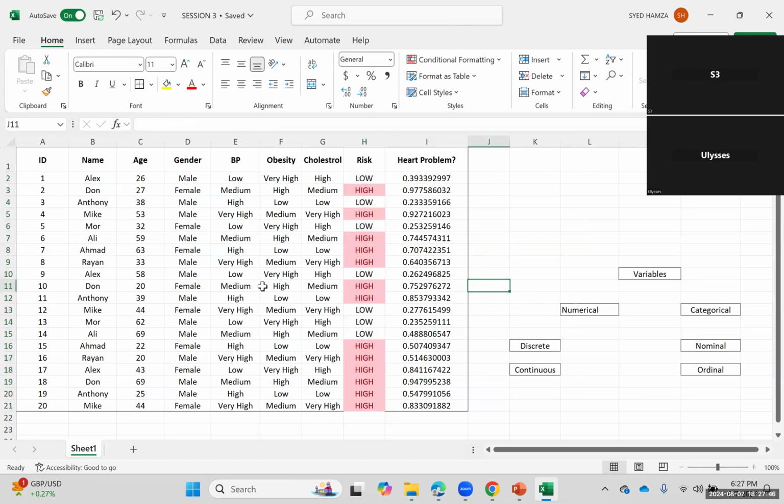So you will see that these are the people with this kind of explanatory variable. You can predict the categorical data, whether it's going to be low or high, or depending on more values like very high or anything.